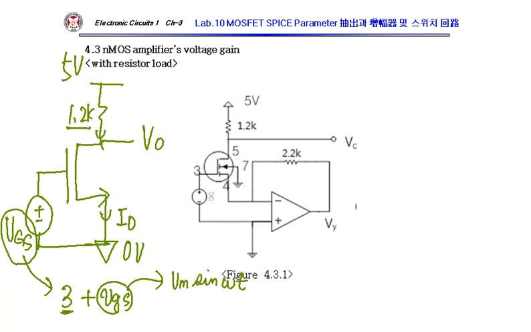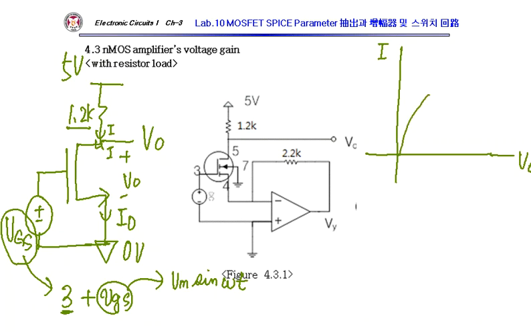Then this 3 volt and 1.2K must put this NMOS in a saturation region. Let's put the ID and VO here. What's the ID and VO characteristic? From the transistor characteristic, a constant VGS curve, and then this 1.2K load line, you can put the load line like that.